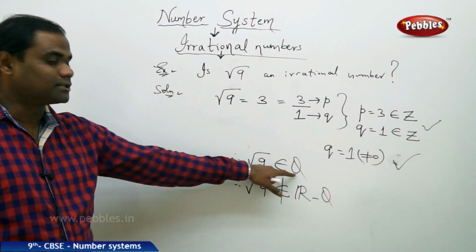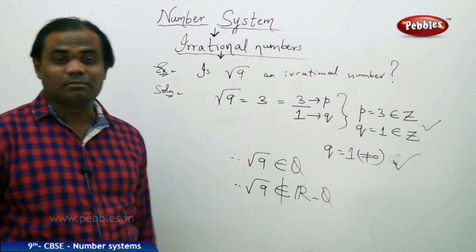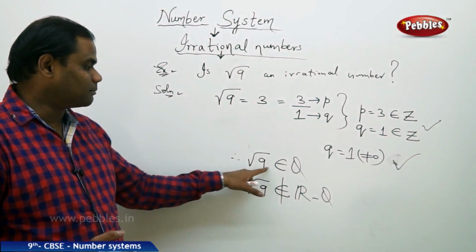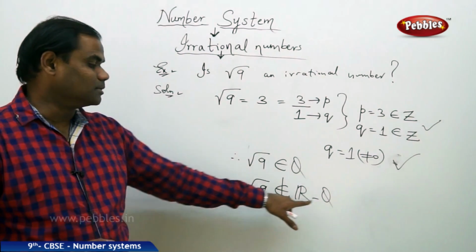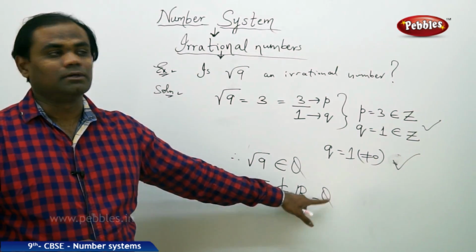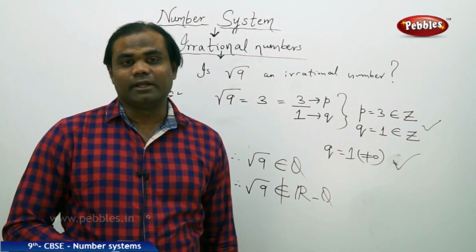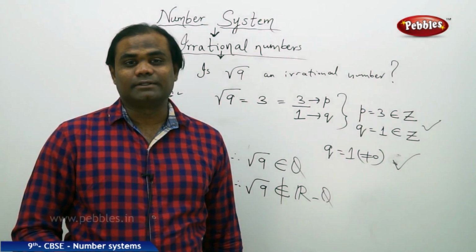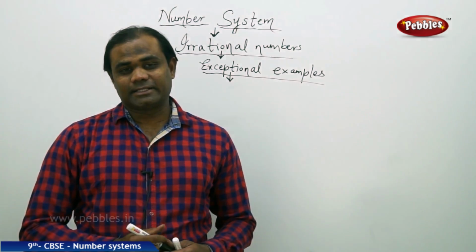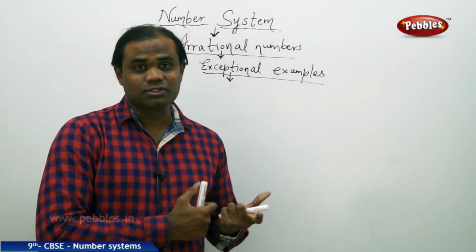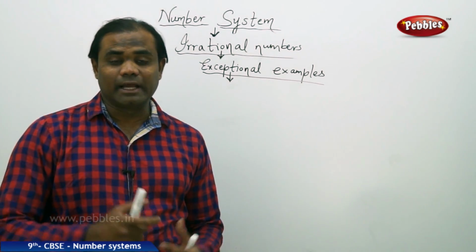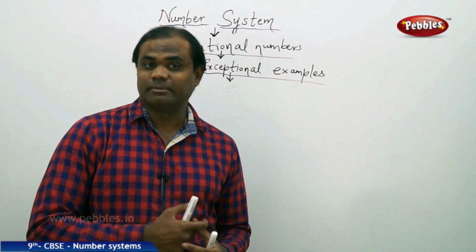A number which is rational can never be irrational, and a number which is irrational can never be rational, and therefore root 9 being a rational number cannot be an irrational number. That is how we justify the irrationality of a number based on its rationality. To be continued with the examples, this session deals with the exceptional irrational numbers which we identify in the branch of mathematics.